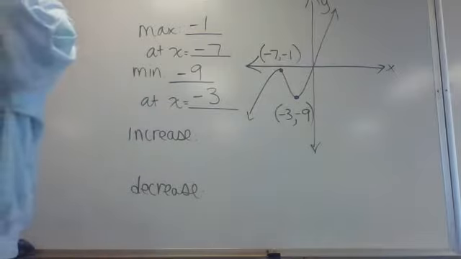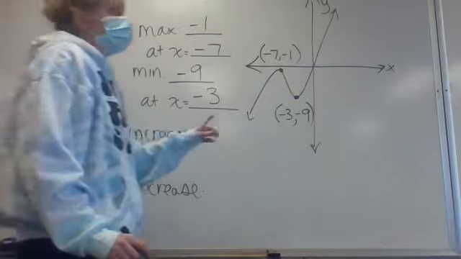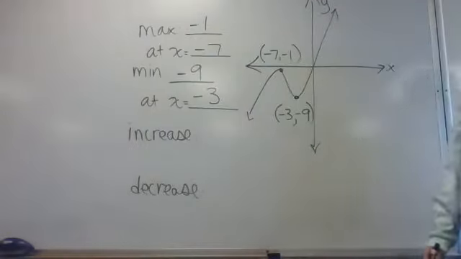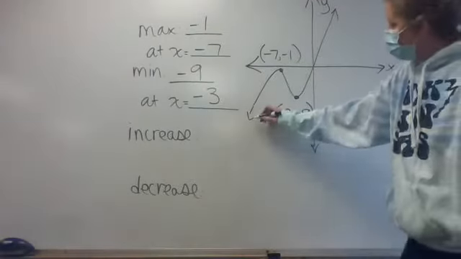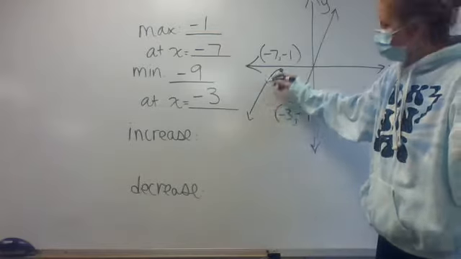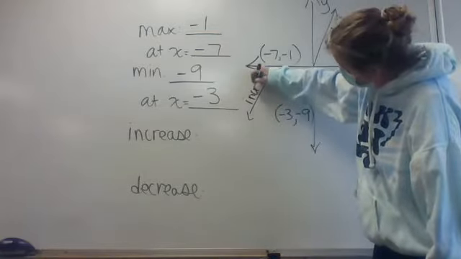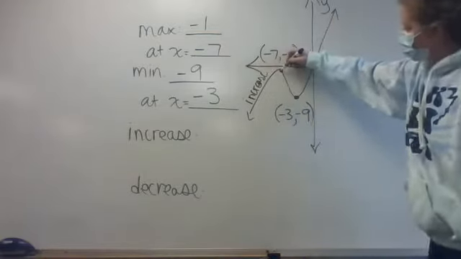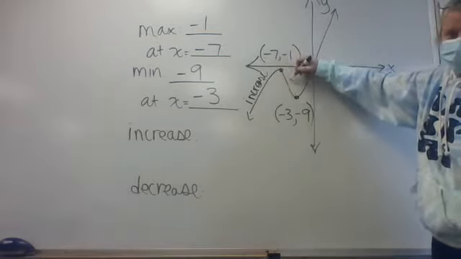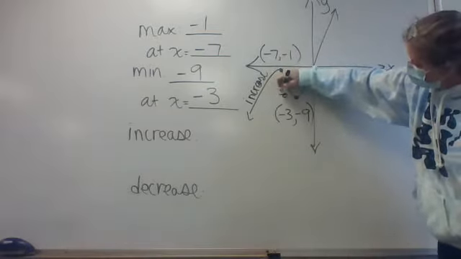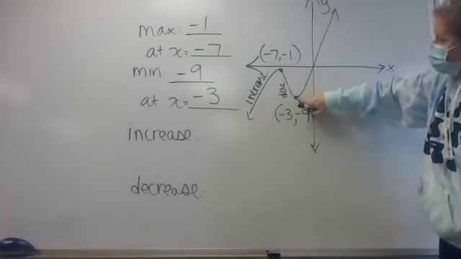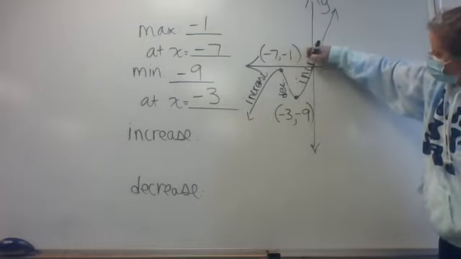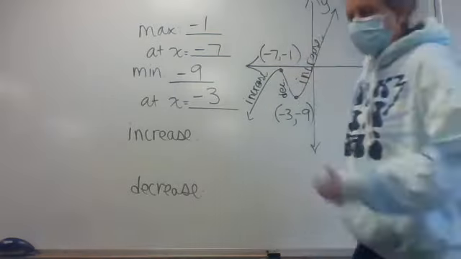And then increasing and decreasing. This one actually has 2 intervals where you're increasing, correct? Your values are going up on this interval. So that's an increase. Then it decreases here between the 2 points. Then after it passes through this minimum, it starts to increase again.